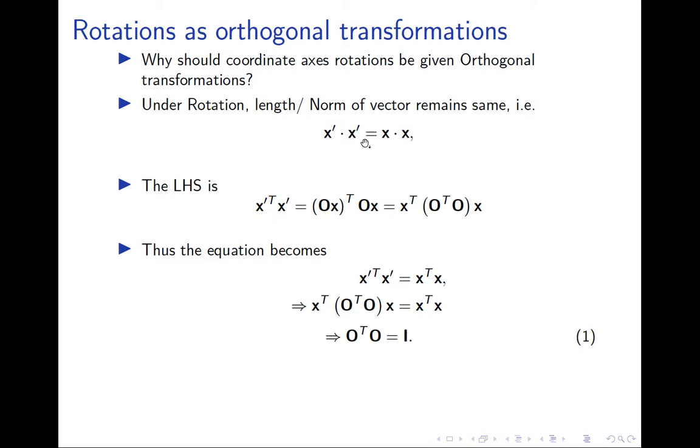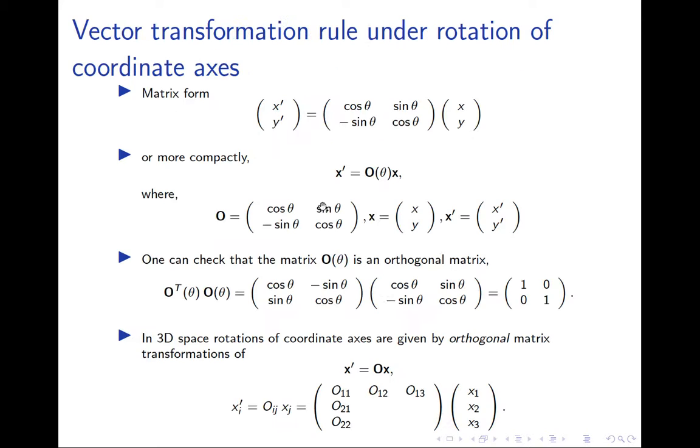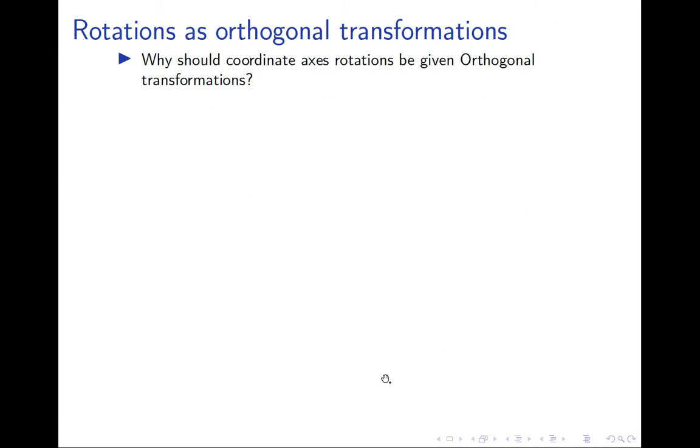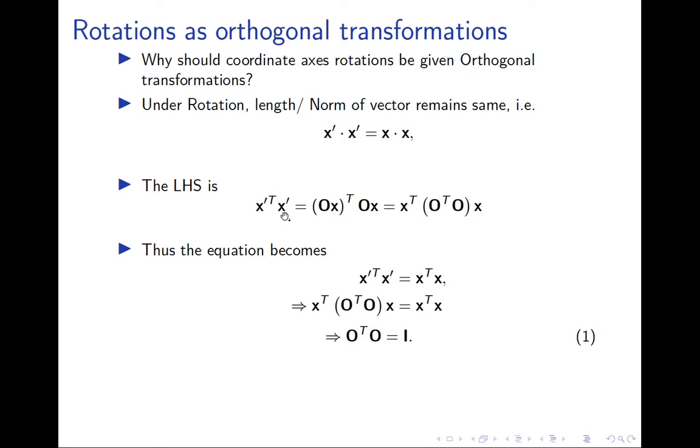And now let's rewrite the left-hand side of this equation a little bit. So x prime dot x prime, in the matrix version, is given by x prime transpose times x prime, the column vector. And as I said, the rotation gives x prime equal to O times x.